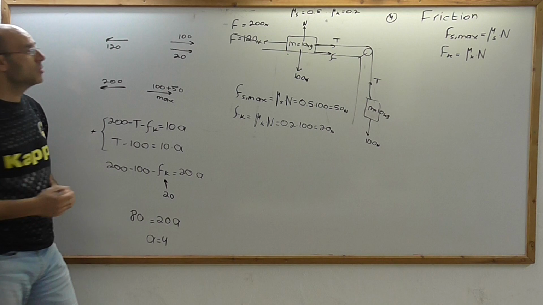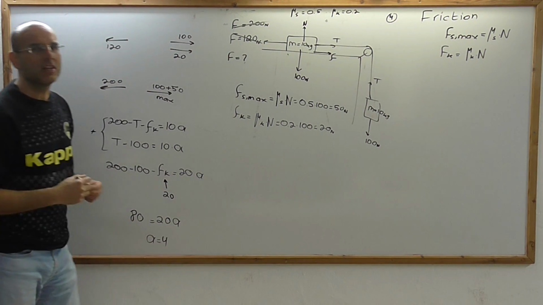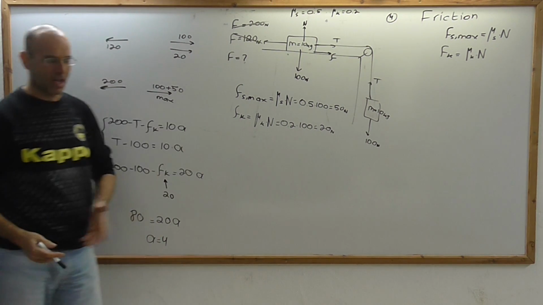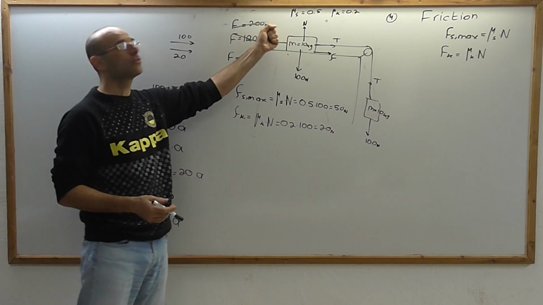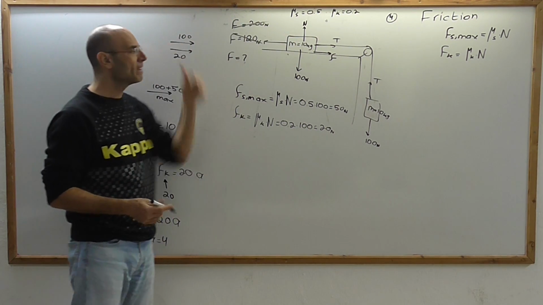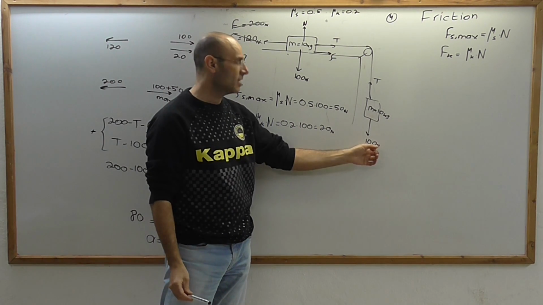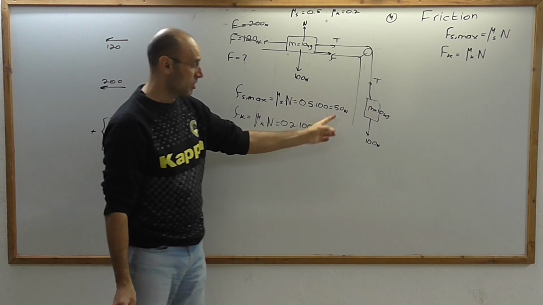What else can I ask you? I can ask you, what minimum F do I need, because I can use as much F as I want, in order for this system to move that way. In order for this system to move that way, I need to overcome the 100 and the maximum force that can be there, the static force, which is 50.